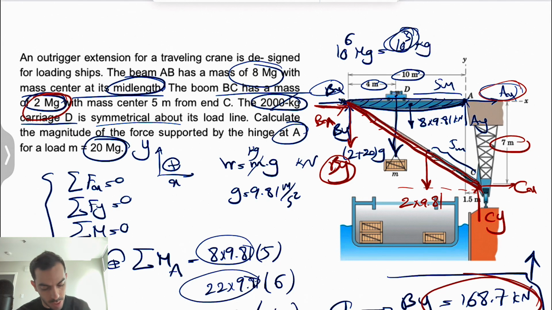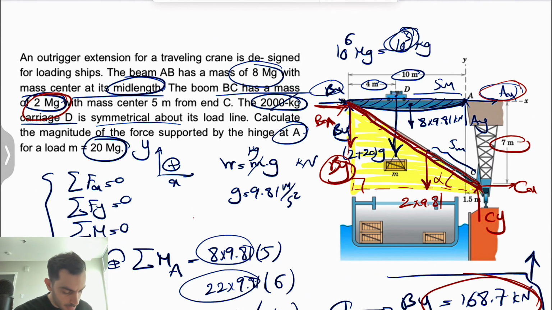And now we're going to need the base of this right triangle that I'm highlighting in yellow. That's not that hard to find if you just call this angle alpha.